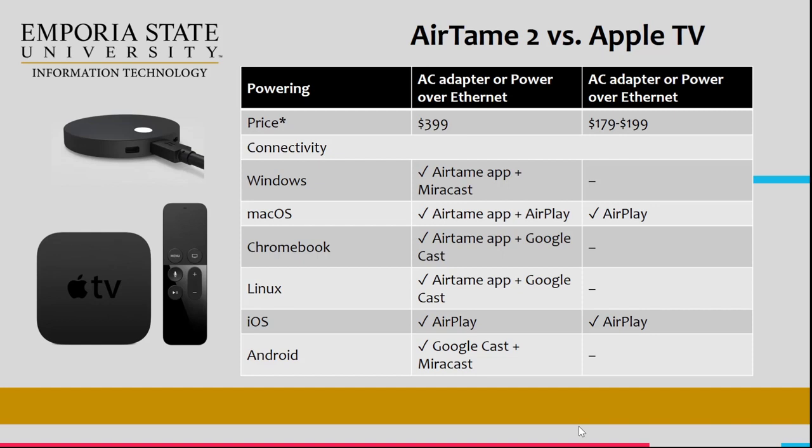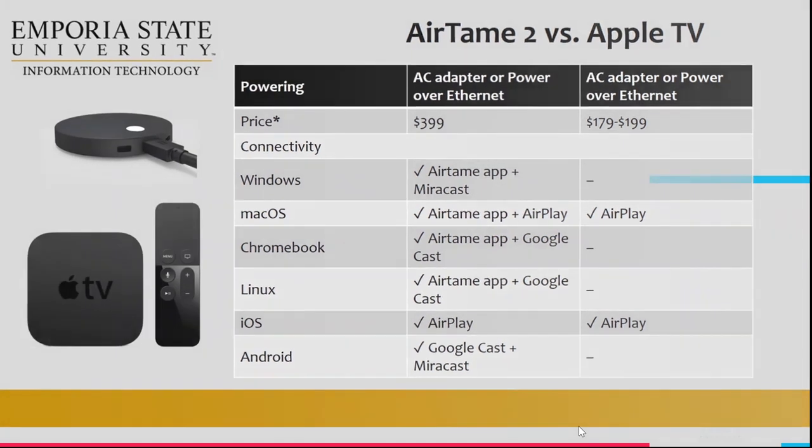So if you just need one specific operating system, you can see here through some of these comparisons, you can get those type of devices at a greatly reduced cost to our Airtame 2 in this example, but then you lose the flexibility of being able to communicate and function more efficiently with some of the other operating systems.